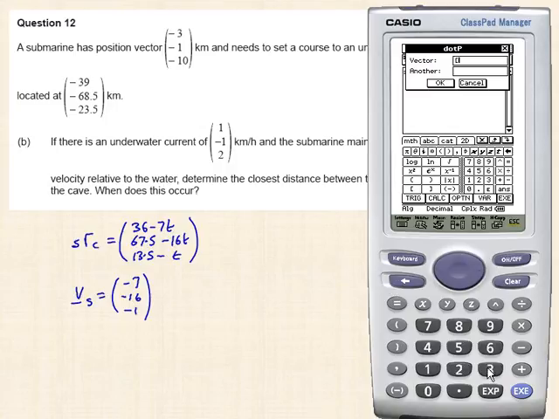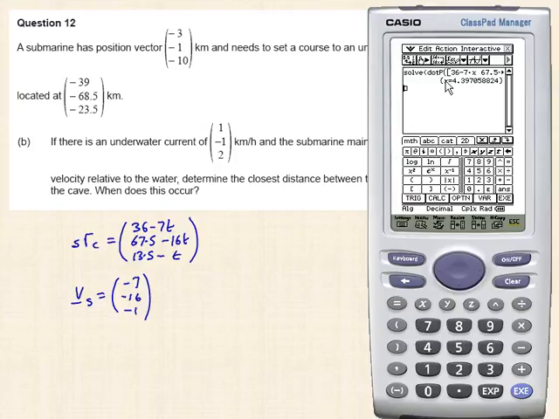so it's going to be 36 take away 7x, 67.5 minus 16x, and 13.5 take away x, and then the other vector is the velocity vector, so (-7, -16, -1).